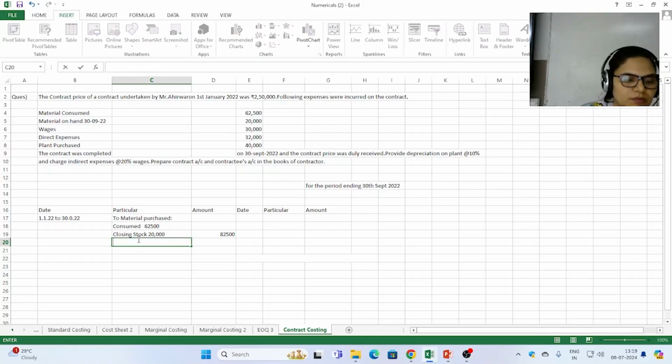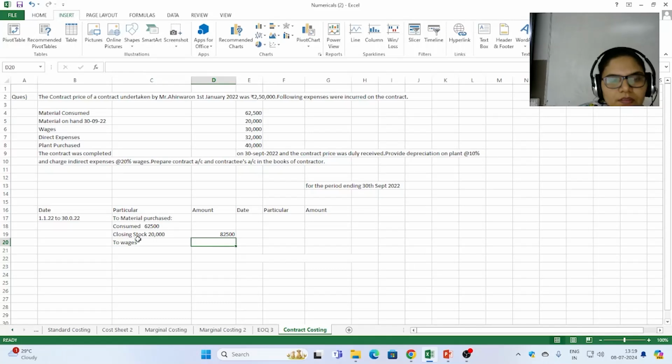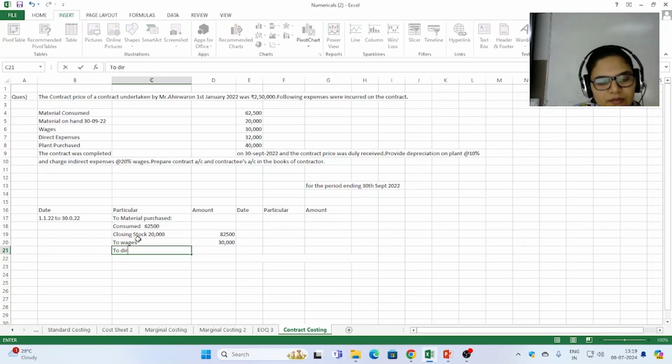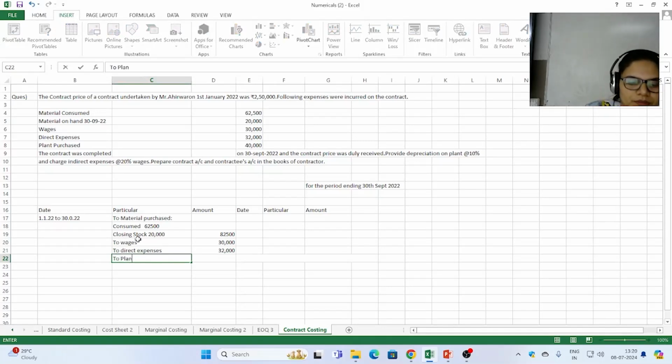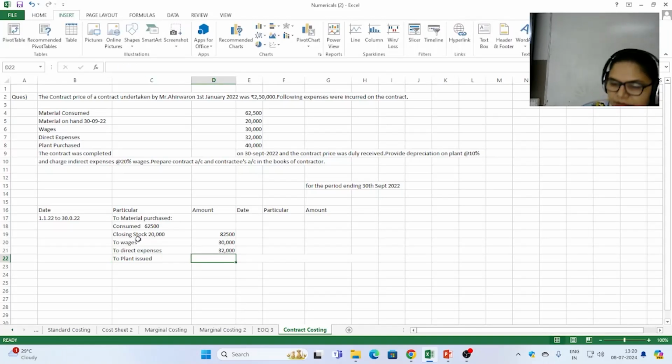Next is to wages. To wages, 30,000. Next is to direct expenses. Direct expenses are 32,000. Next is to plant issued. Plant issued is 40,000.